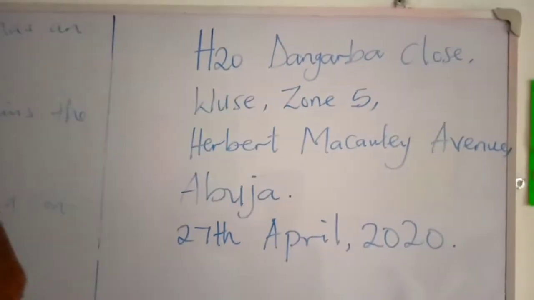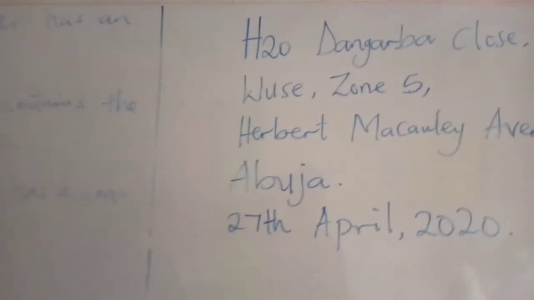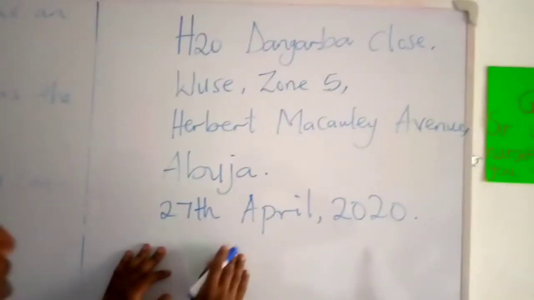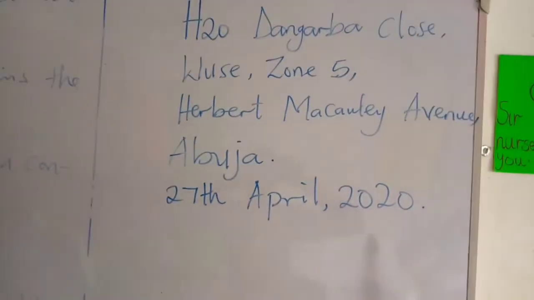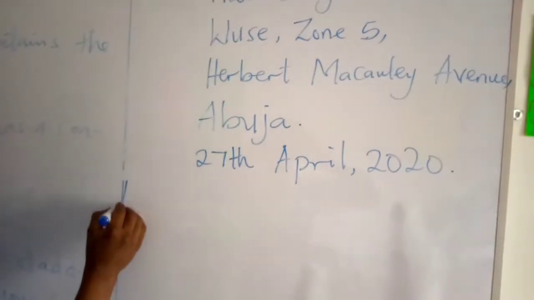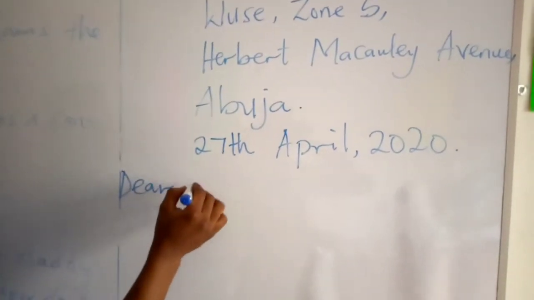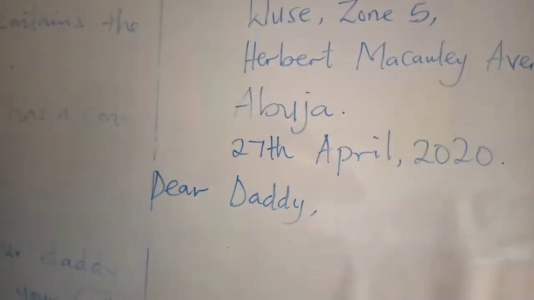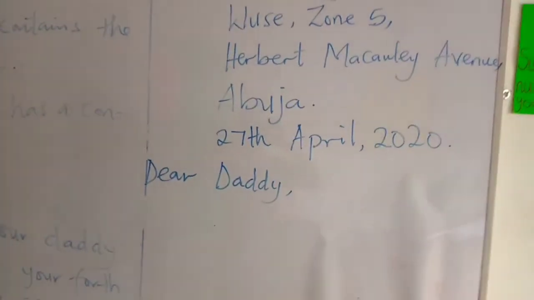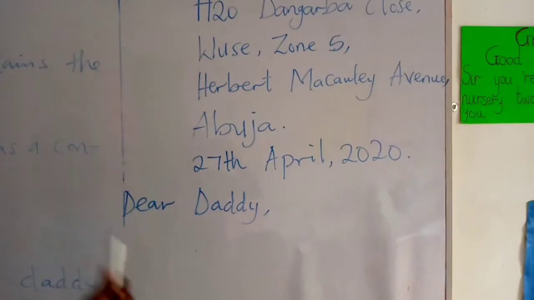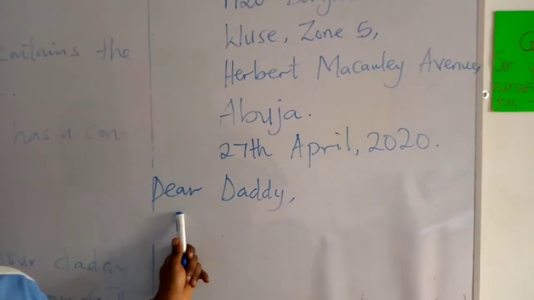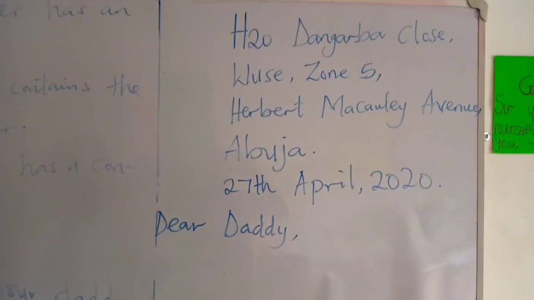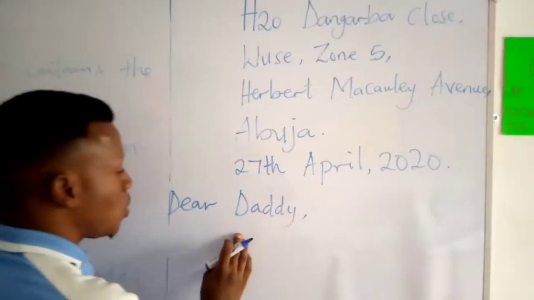Okay, now this letter is addressed to my daddy, so after my date, now comes my salutation. Dear Daddy, comma. Your paragraph must begin after your dear. Now let's go.